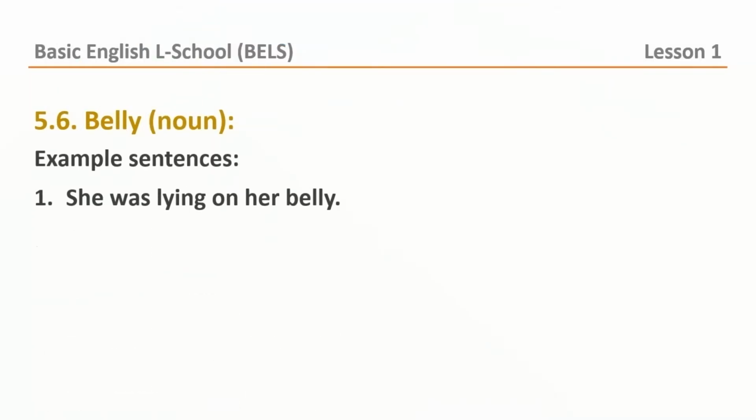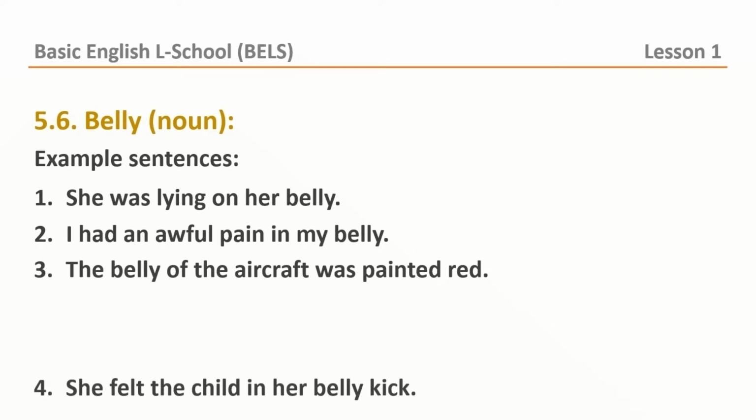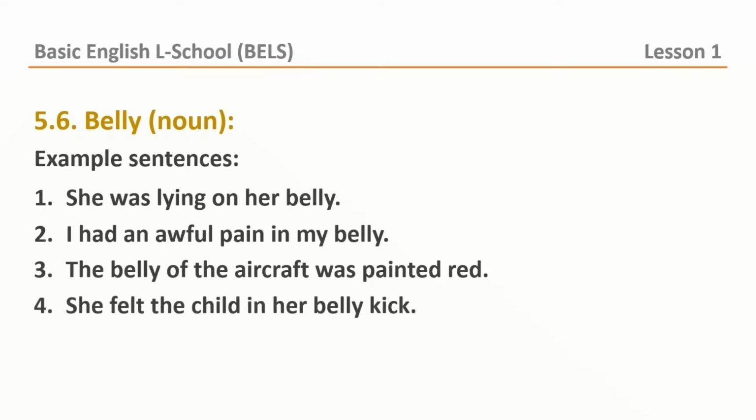Example sentences. She was lying on her belly. I had an awful pain in my belly. The belly of the aircraft was painted red. She felt the child in her belly kick.